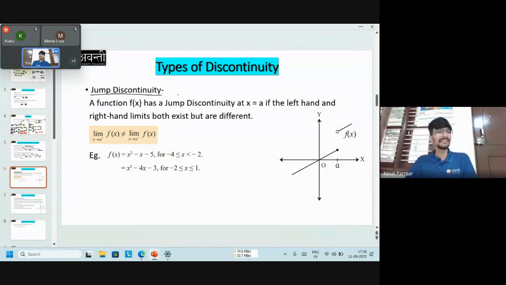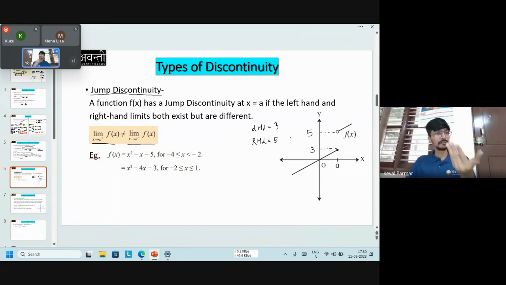Now, what does that mean algebraically? Algebraically, it means the left hand limit and right hand limit are not equal. In the same example we took here, the left hand limit was 3 and the right hand limit was 5, so both are not equal.